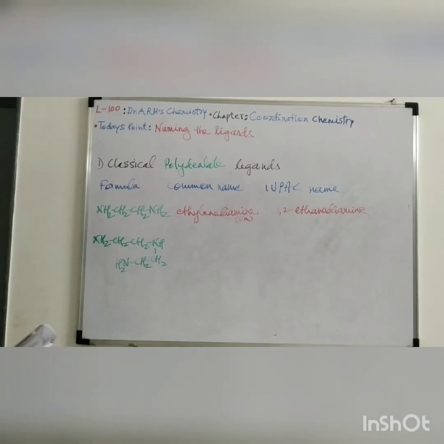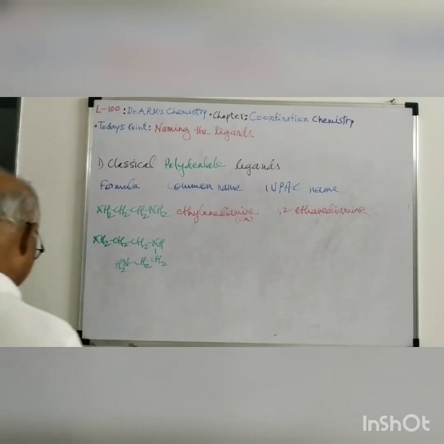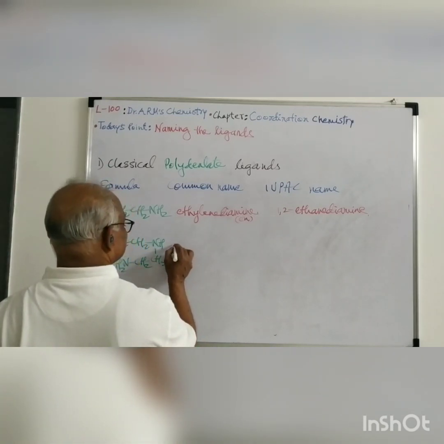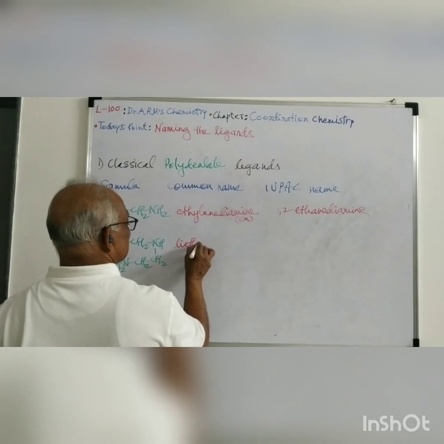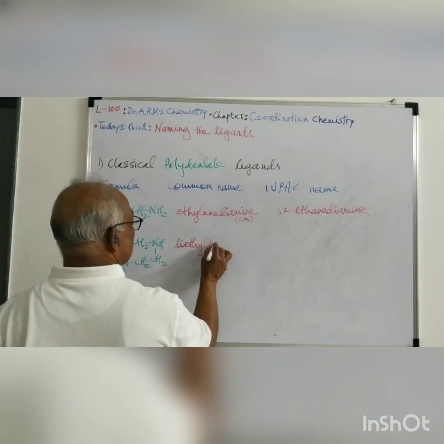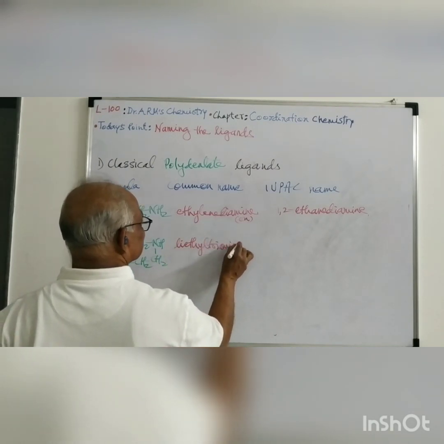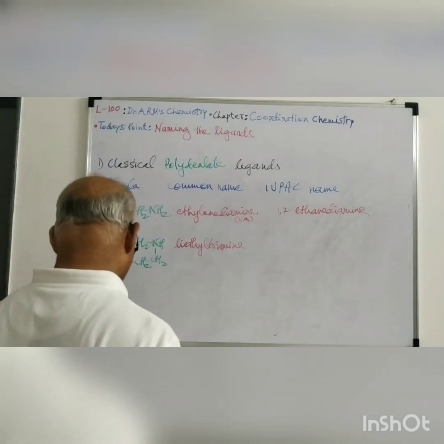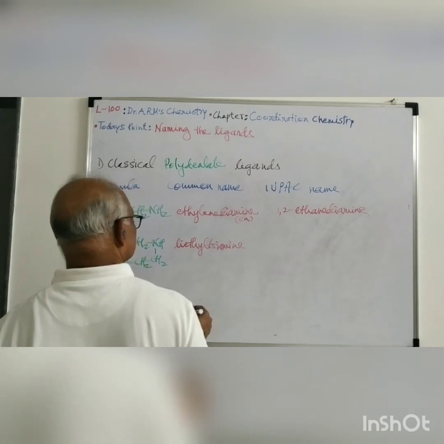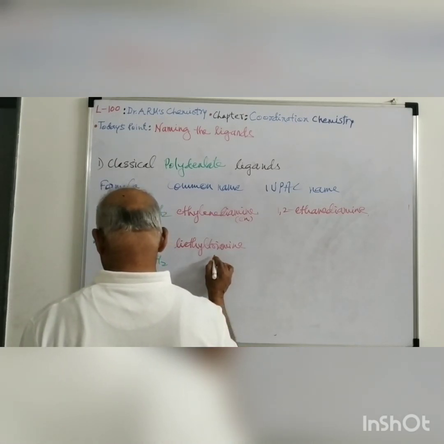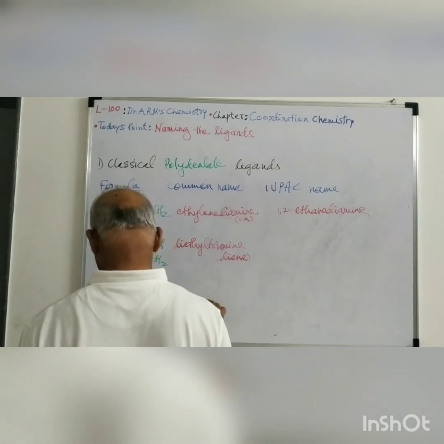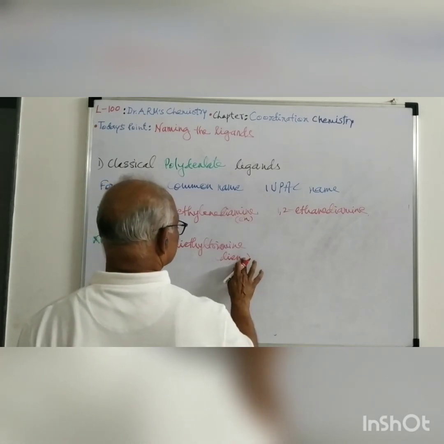This is called diethylene triamine. That is simply known as dien. This is shortly called dien.